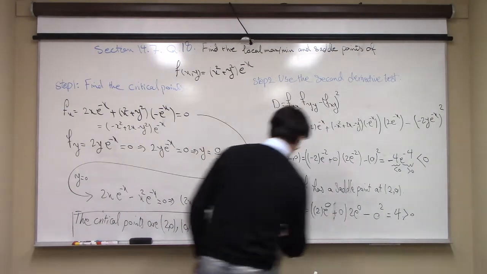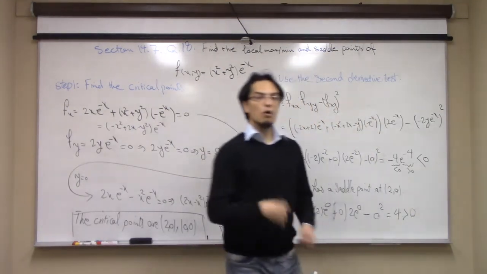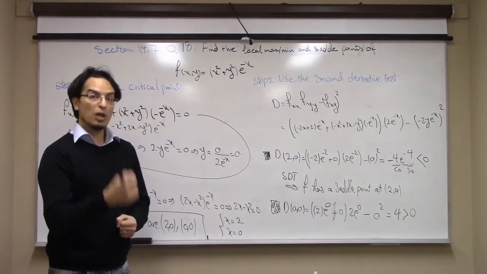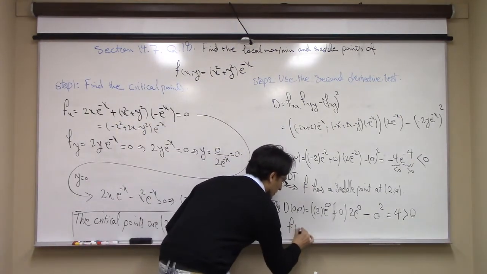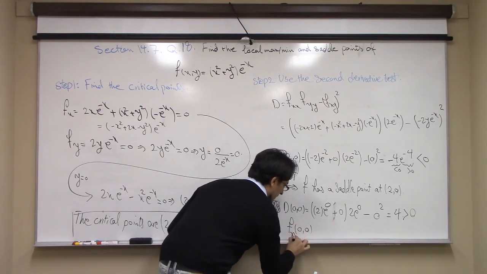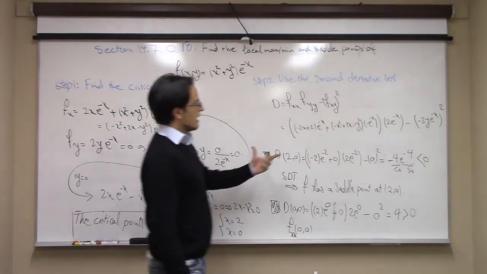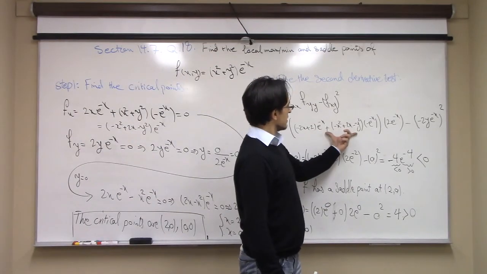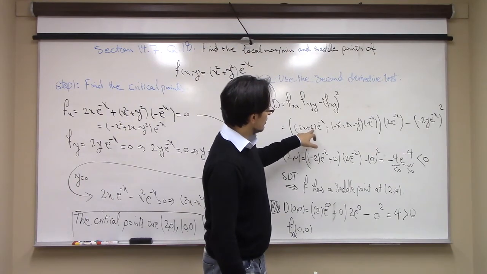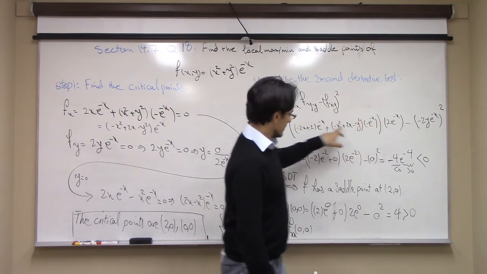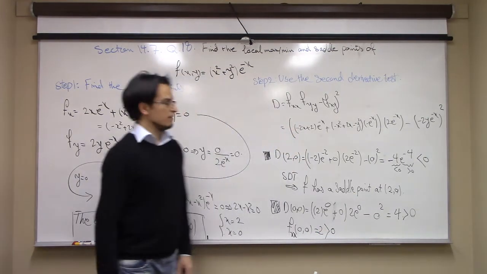So the second derivative test says that if D is positive, go ahead and plug the point into fxx. Fxx is this guy here. If I plug in, I get 2, which is positive.